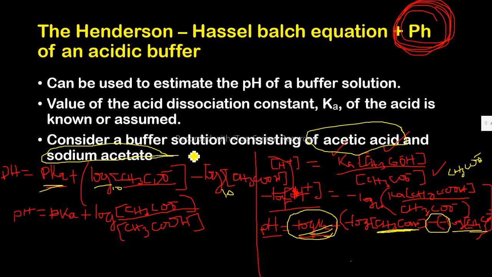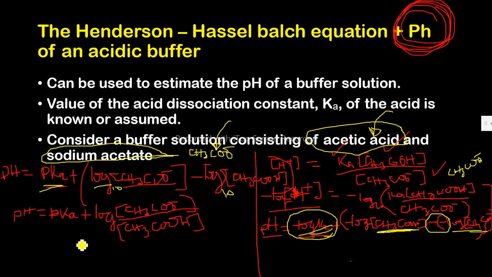This one ionizes fully to give you acetate ions, CH3COO minus. And this one is a weak acid. Because you already have the acetate ions in the solution, even its ionization is going to be reduced.